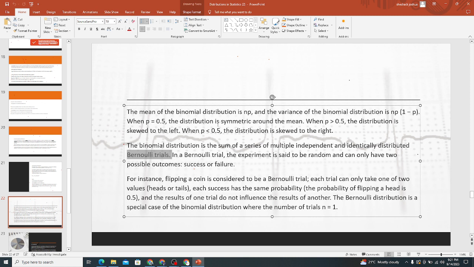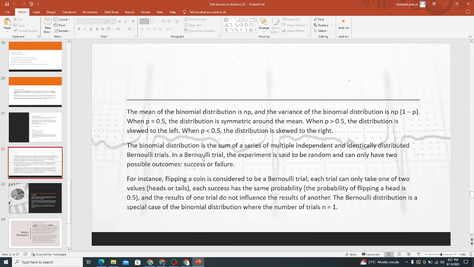So the binomial distribution is a series of multiple independent and identically distributed Bernoulli trials. In a Bernoulli trial, the experiment is random and can only have two possible outcomes, either success or failure. For instance, flipping a coin once is considered a Bernoulli trial. Each trial can only take one of two values, heads or tails.